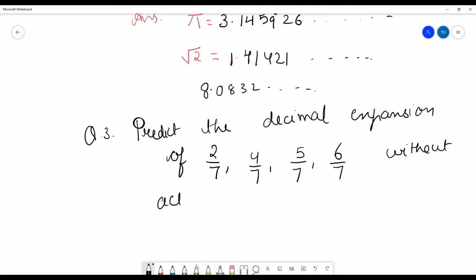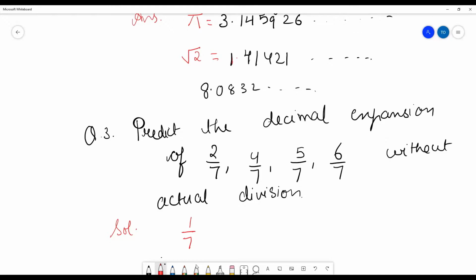If you are asked such a question, it is very easy actually. You know the number 1/7. Similarly, you can do it with other numbers having the same denominator.